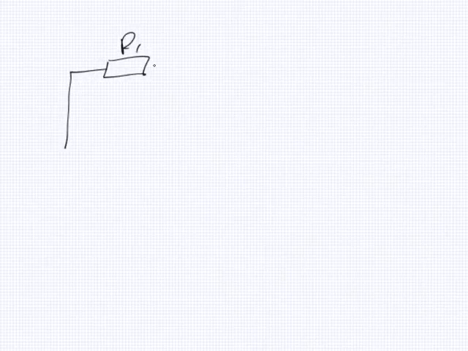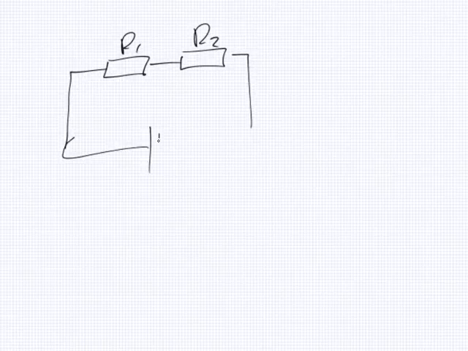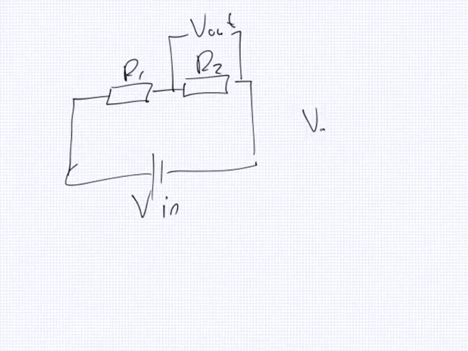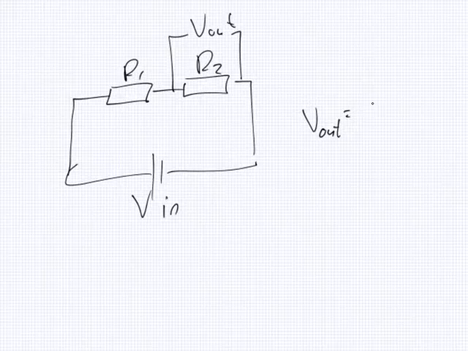This is R1, and this is R2, and then this is in, and then here is out. So remember that V out equals R2 over R1 plus R2 times V in. I keep making that mistake, I'm so sorry.